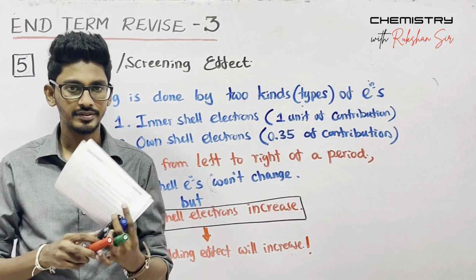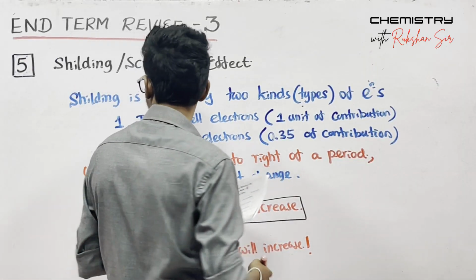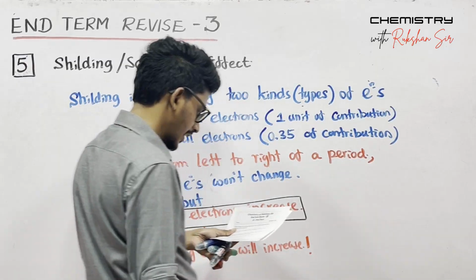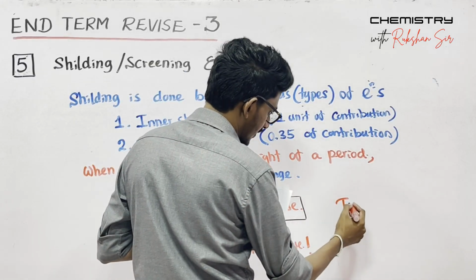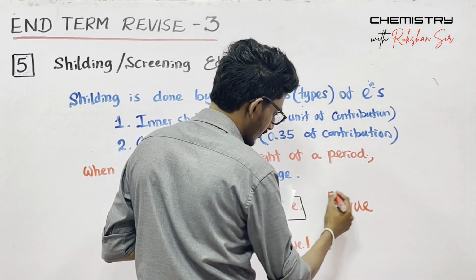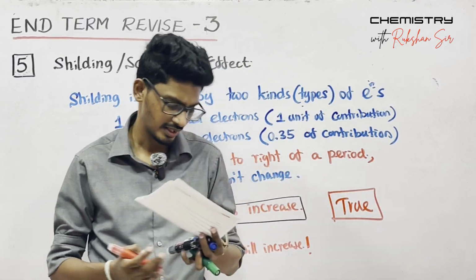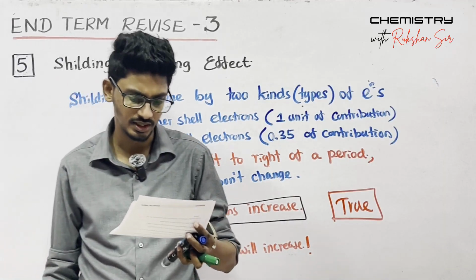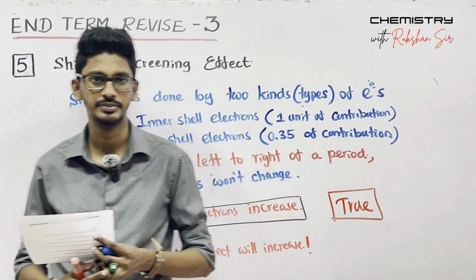That is all about statement number 5. So we have to take statement 5 as a true statement: along a period, left to right, shielding effect of atoms increases. Yes, that is true.